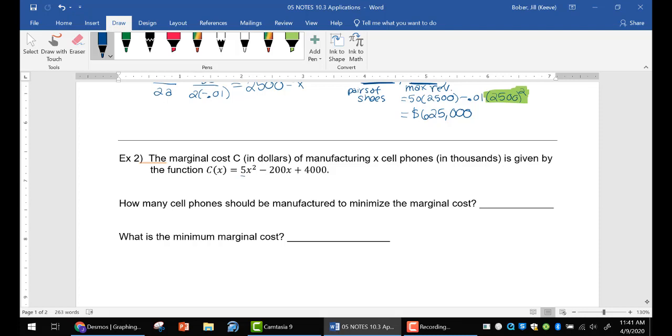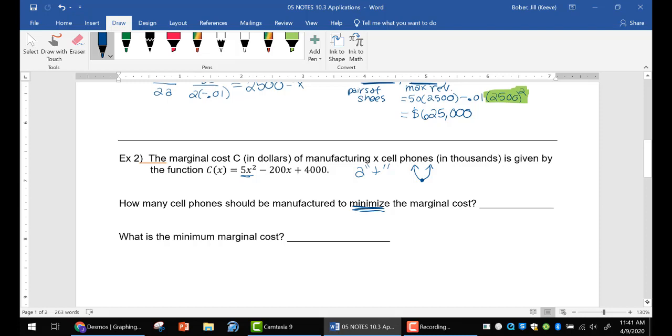The first thing I'm looking at here is the a value. I know my a value is positive, so I have a smiley face parabola, which means I will have a minimum value. When it asks how many cell phones should be manufactured to minimize the marginal cost, I'm finding the y value of the vertex.